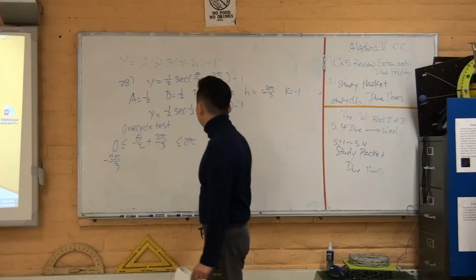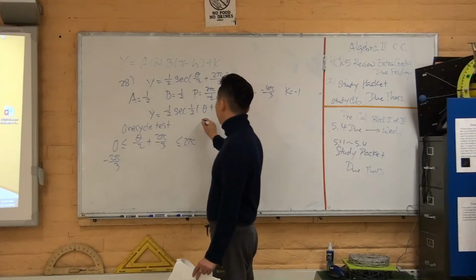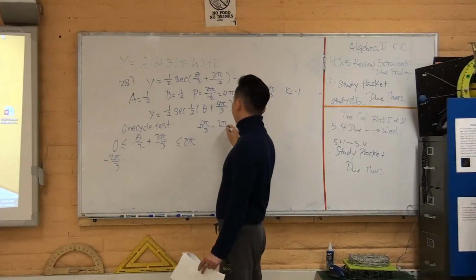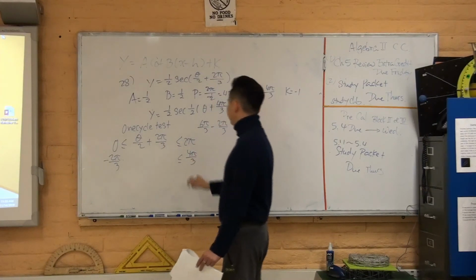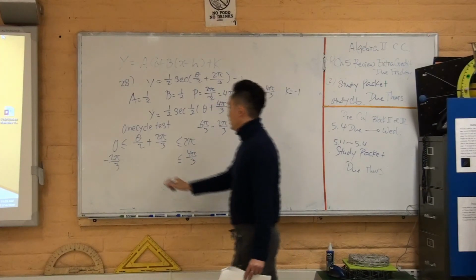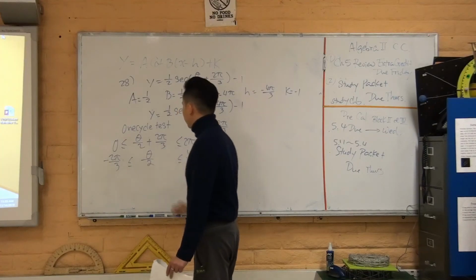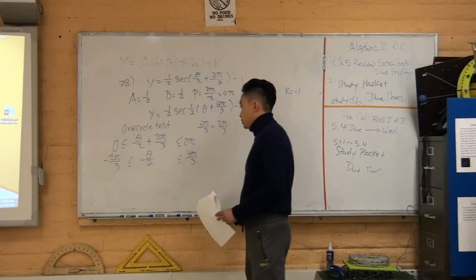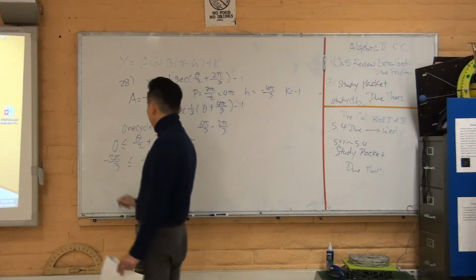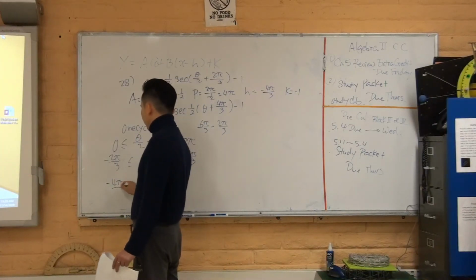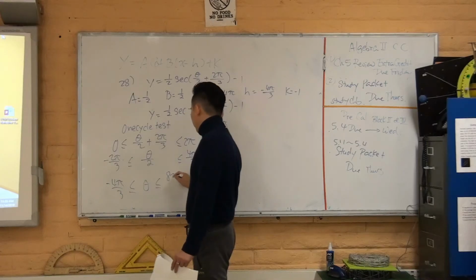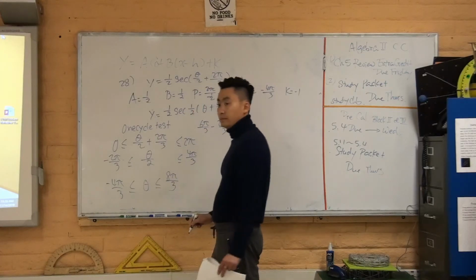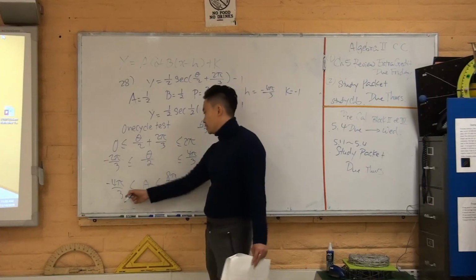Both sides, so 0 minus 2 pi over 3, and 2 pi minus 2 pi over 3, which is 4 pi over 3. We got theta over 2 remaining in the middle. So we multiply everything by 2, and we got negative 4 pi over 3 less than or equal to theta less than or equal to 8 pi over 3. This shows the initial and final positions.